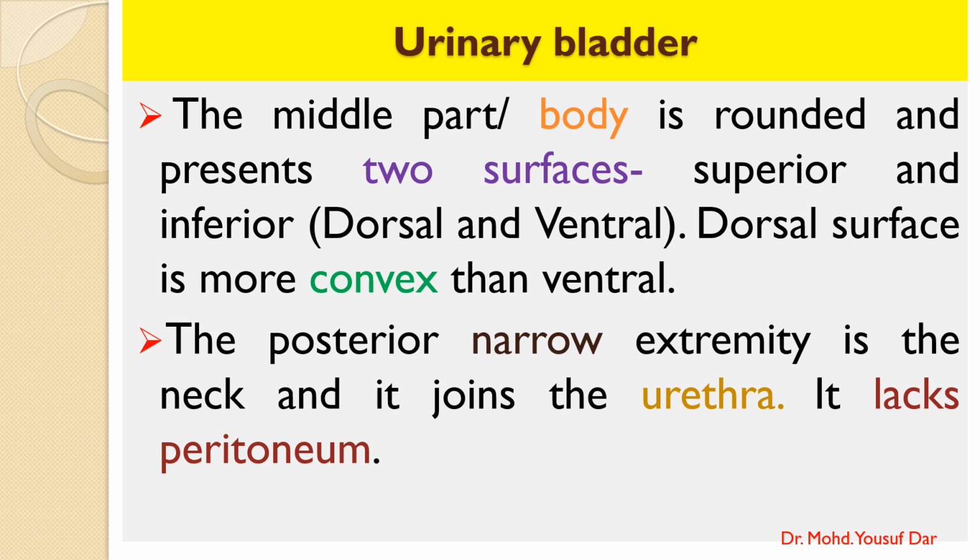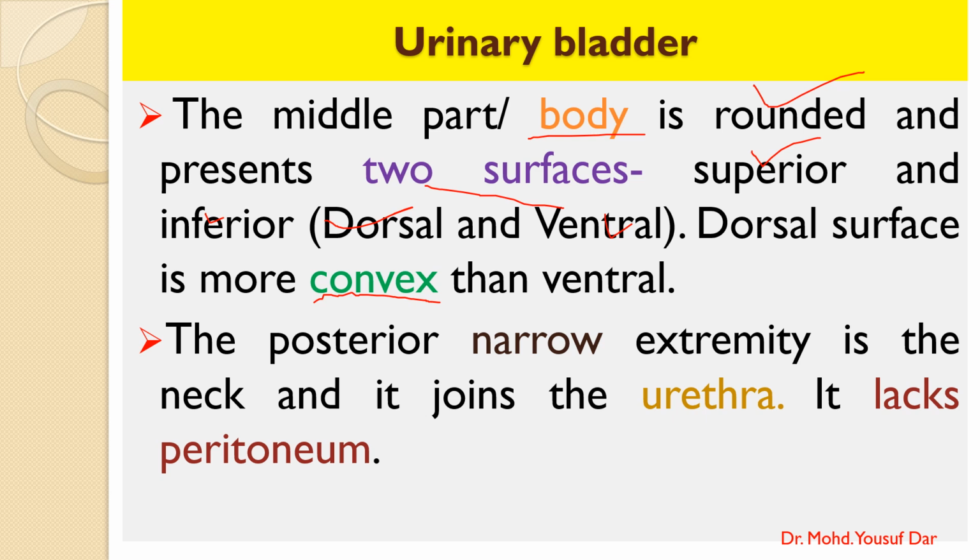And the middle part of the urinary bladder उसको हम body बोलते हैं. The body is rounded and it presents two surfaces. One is the superior या dorsal and inferior या ventral surface. जो dorsal surface होता है ये ज़्यादा convex होता है as compared to that of ventral surface.